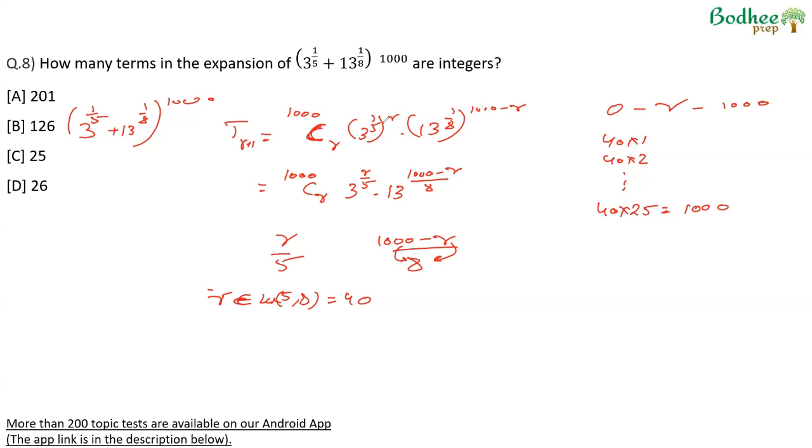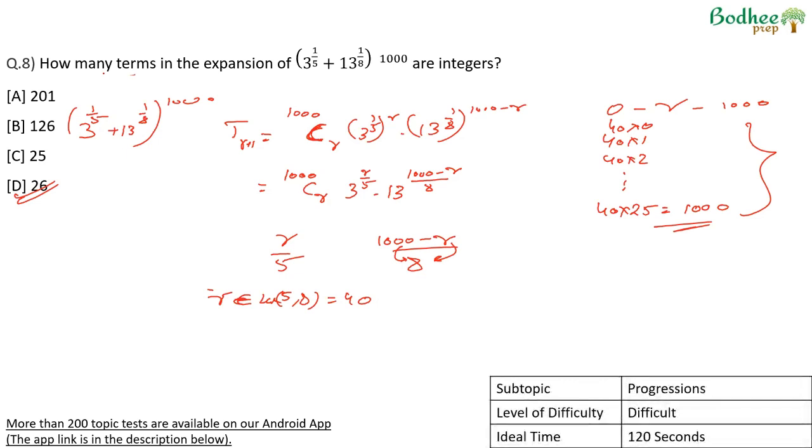If r is 0, the first factor becomes 1 and 13 raised to 1 by 8 into 1000 becomes 13 to the 125, an integer. So it will start from 40 into 0 and go up to 40 into 25. Hence, 26 values of r are possible, which will give us the expression to be integral. That becomes my answer.